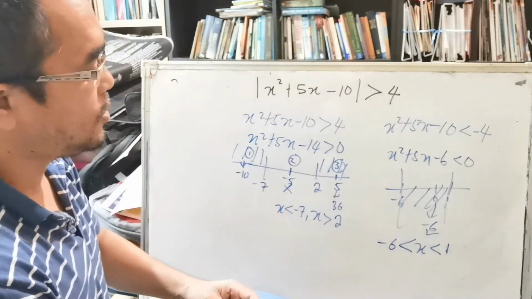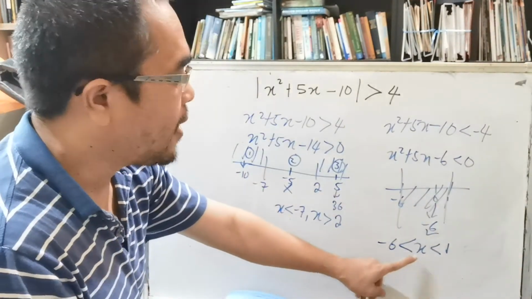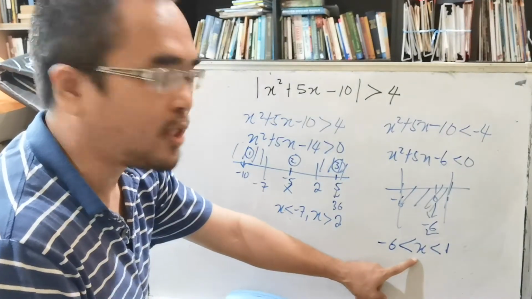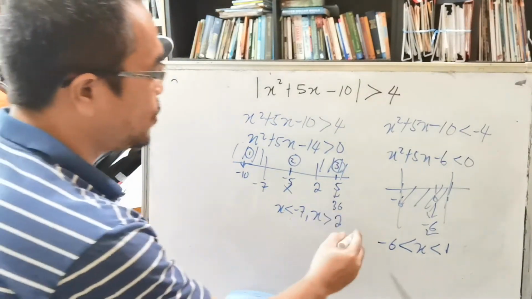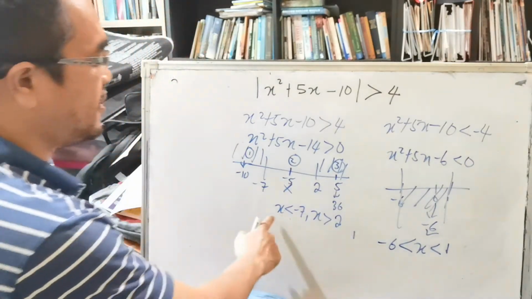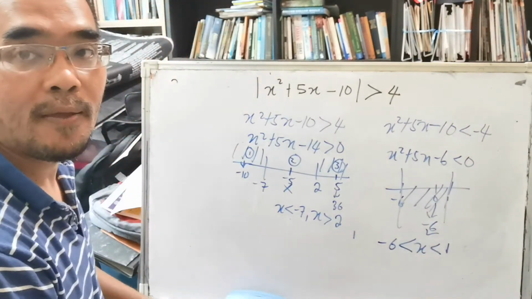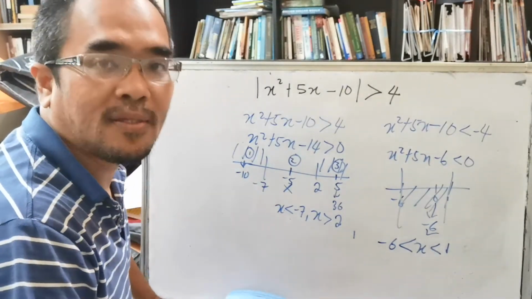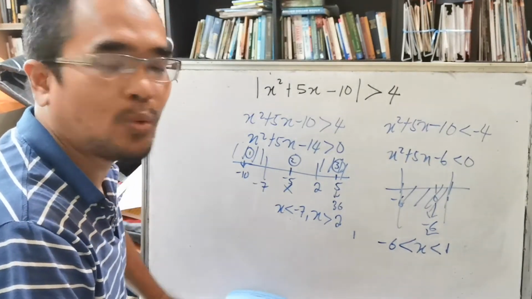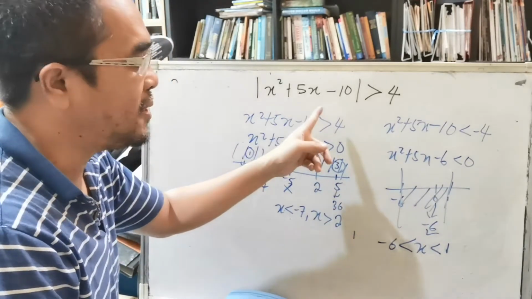So 0 represents x in this situation. So the answer is two of these: first is this, second is that. There are so many values that fulfill the requirement.